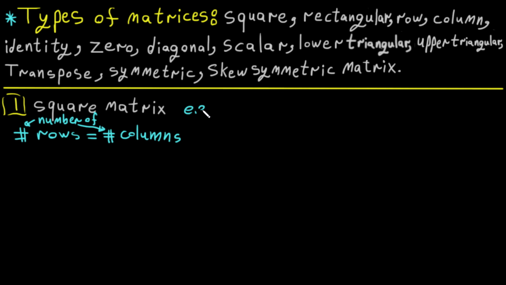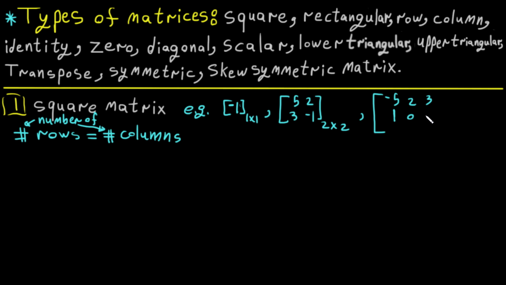For example, the simple one is a 1 by 1 matrix. For example, here -1, this is a 1 by 1 matrix. Another example, 5 2 3 -1, this is a 2 by 2 matrix, and so on. We can put here a 3 by 3 matrix.